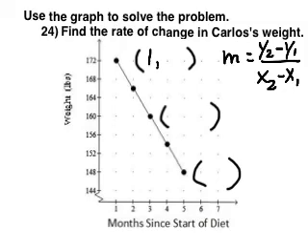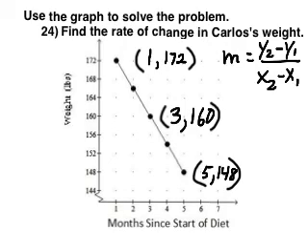It's 1, 172. 172 is our y, the 1 is our x. The next one, see if you can figure them out before I mention them: 3, 160, and then the last one is 5, 148.